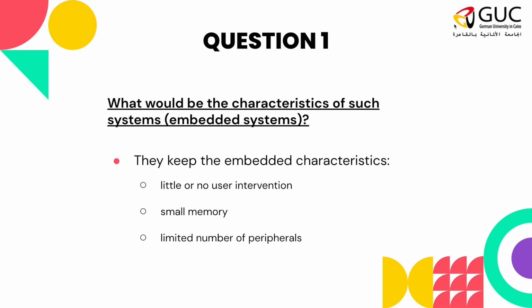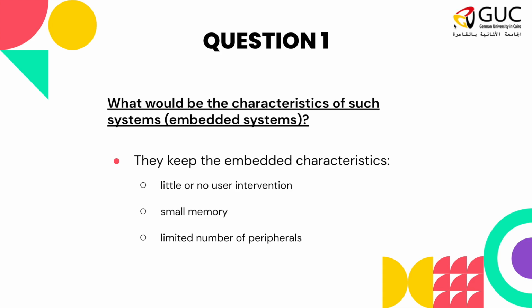The third thing is a limited number of peripherals. An embedded system is not connected to multiple input and output sources, not like your laptop or desktop PC. You can connect it to a screen, keyboard, mouse, speakers, USB memory stick. You can connect it with an HDMI cable or an external hard disk.